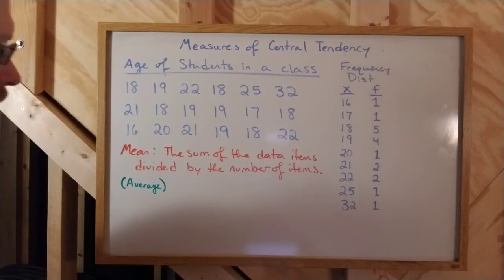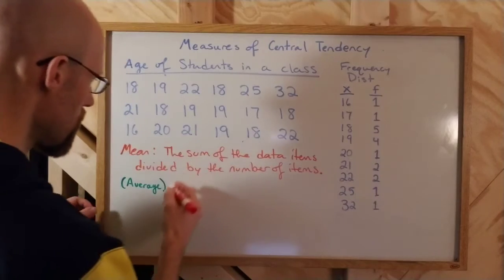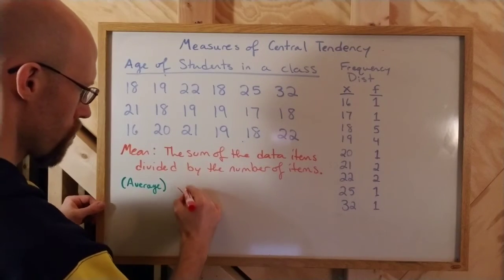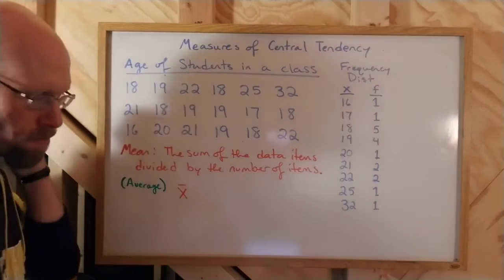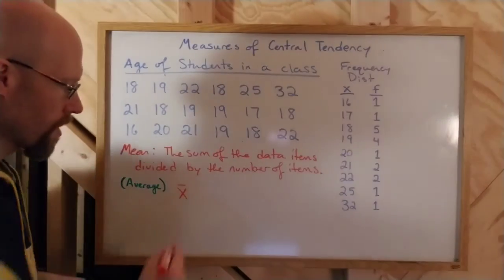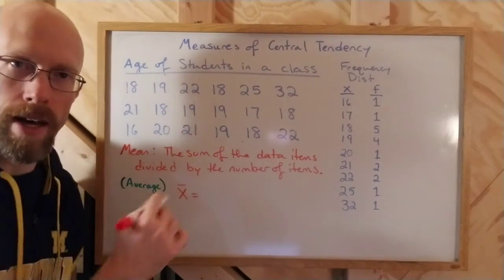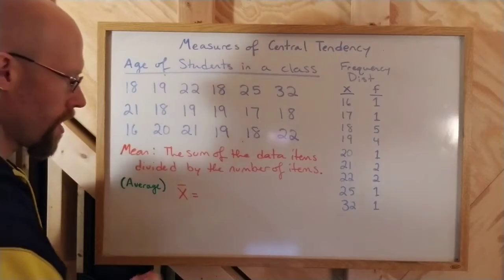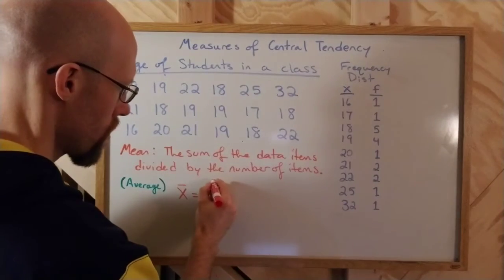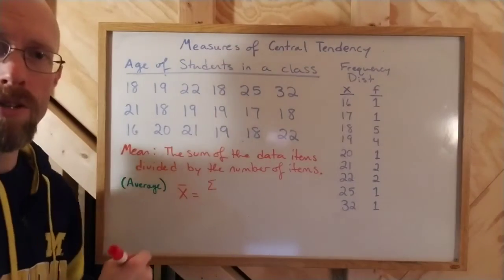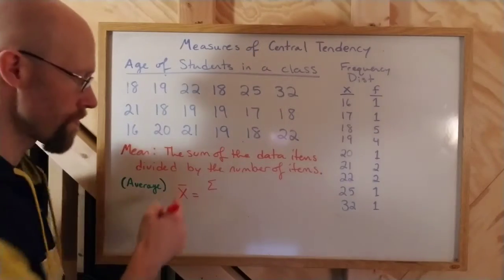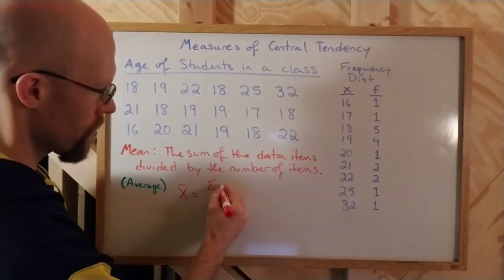The notation for a mean is x bar, which is x with a little line over the top of it. It is the sum, and we use the Greek letter sigma to represent a sum. So it's the sum of all the x's.